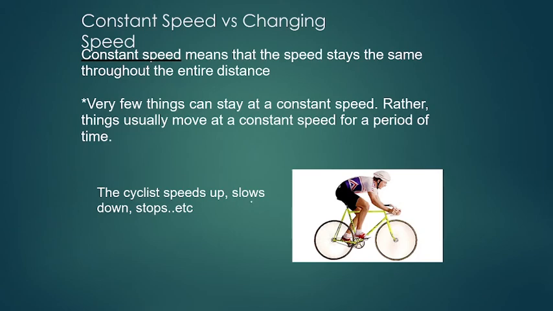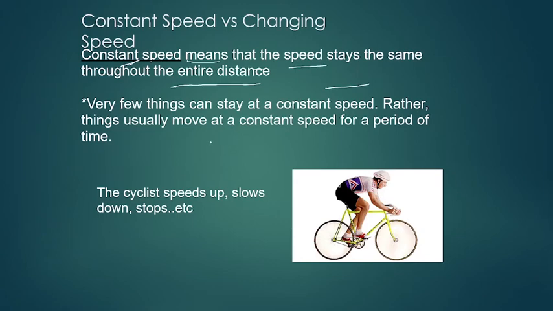Next, let us see what is constant speed and changing speed. Constant speed means that speed stays the same throughout the journey, the entire distance. It is in very few cases that we have constant speed, because with time generally speed will increase or decrease.